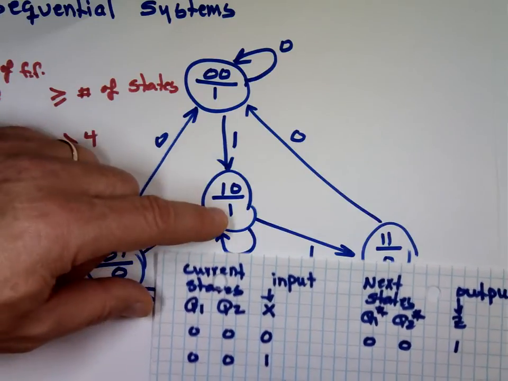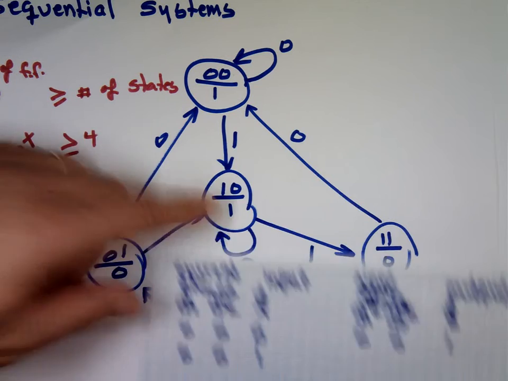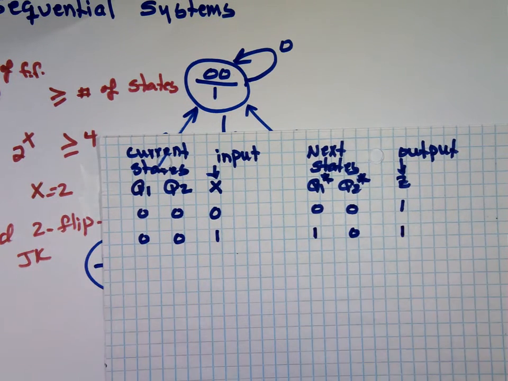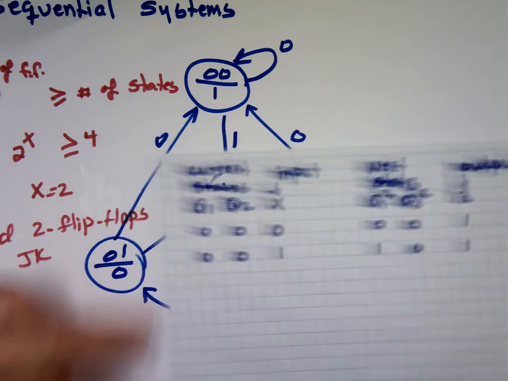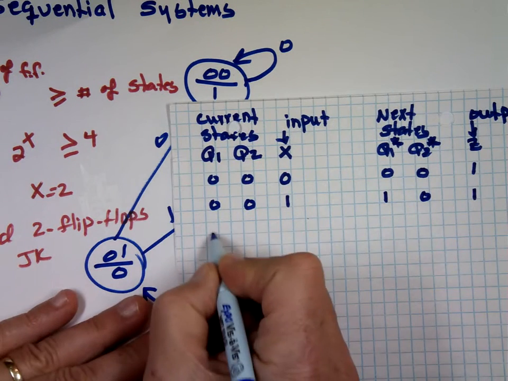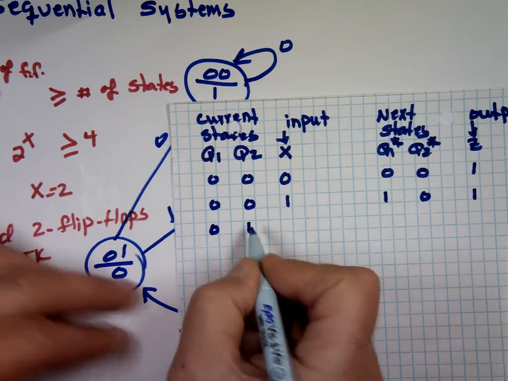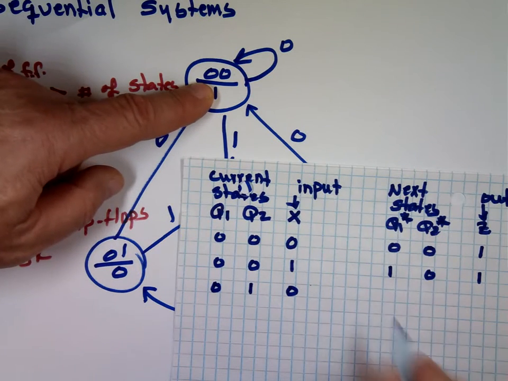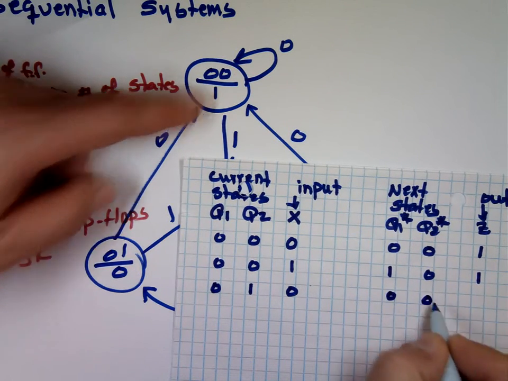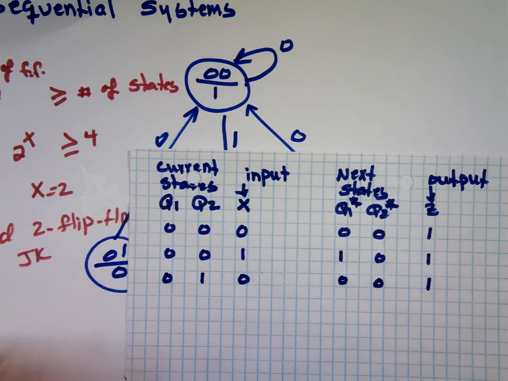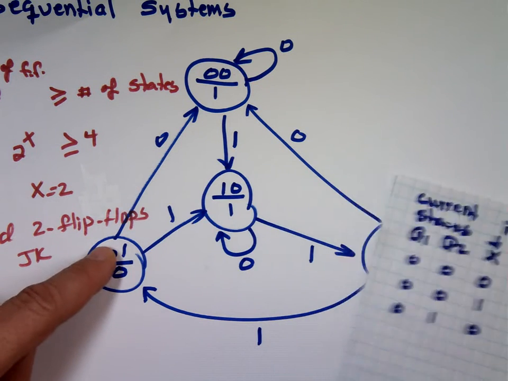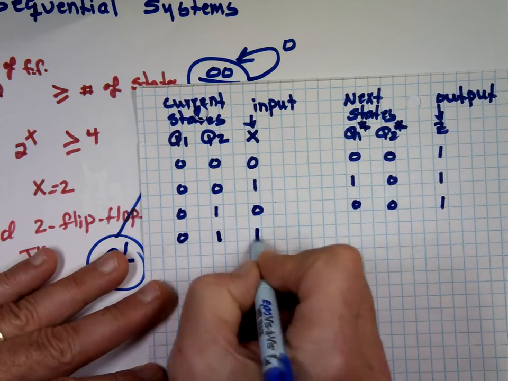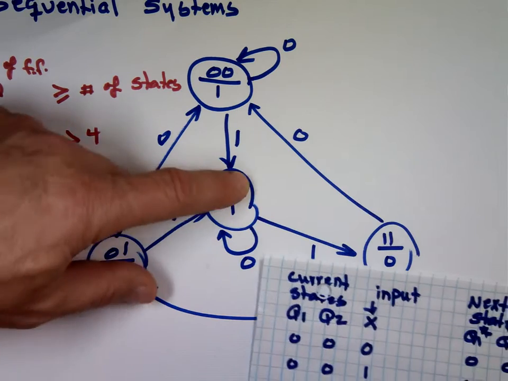Is there an output there? 1. If I am at state 0, 1, and my input is 0, you go where? To 0, 0, what's your output? 1. If I'm at state 0, 1 and my input is 1, I'm going to go to 1, 0, my output is 1.